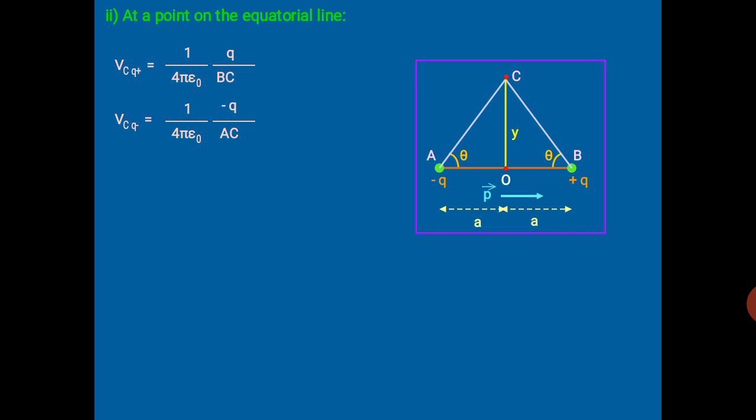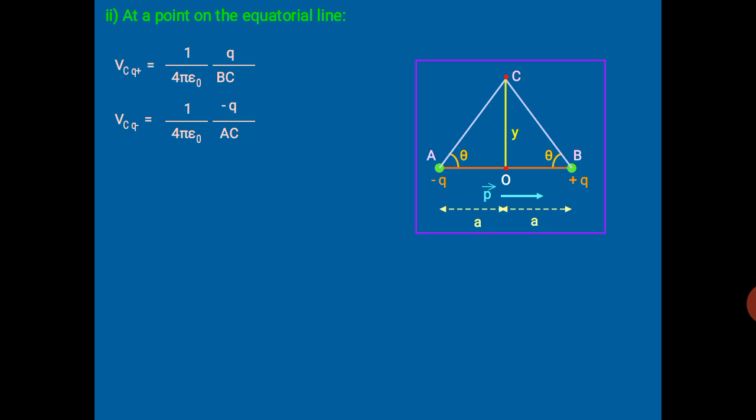And remember, a point on the equatorial line is equidistant from either charge, so the distance from minus q to that point is the same as from plus q to that point, that is AC equal to BC.